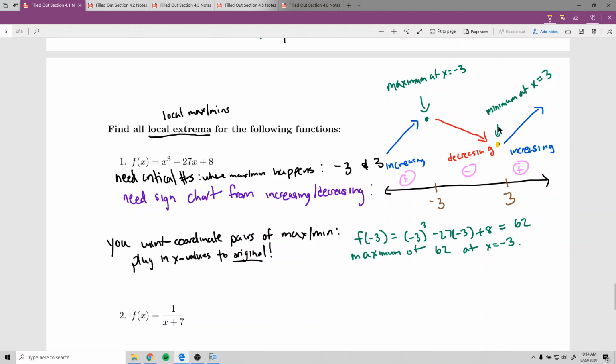I'll do the minimum in a different color. So the minimum at x equals 3, we plug in 3 for x into the original. So we got 3 cubed minus 27 times 3 plus 8.